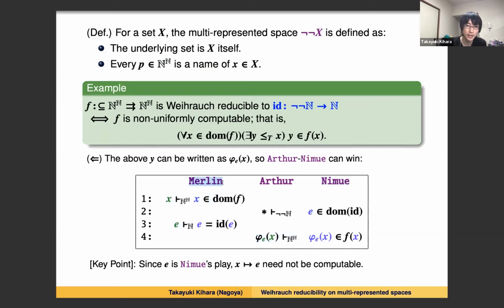So Martin always returns some green information and blue information. The green part is a name and the blue part is a name. Martin gave Arthur these green informations, X and E, so by using this information, Arthur can create phi X. Is it okay?